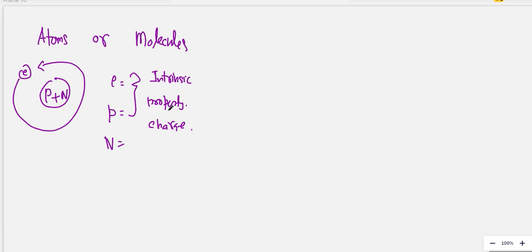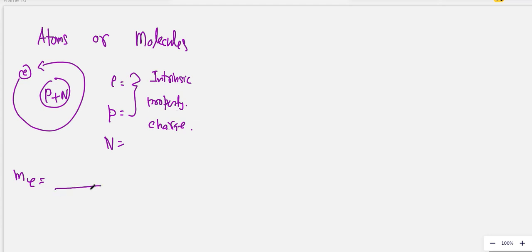Intrinsic property means that whenever they got created, for example, when a proton came into being as a proton, and when an electron came into being as an electron, it may be at the start of the universe, when the universe was created, they had a property which has not changed till today. It was created with the creation of that particle, and it is the same as of today. For example, whatever the mass of the electron was at that time, it is the same till today.